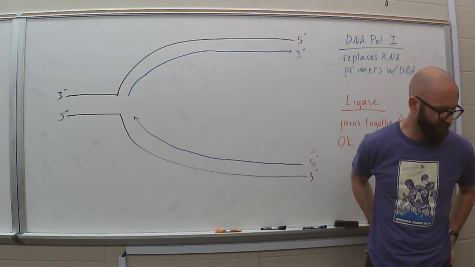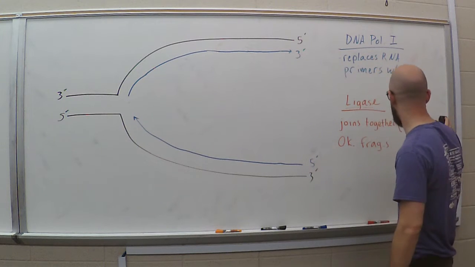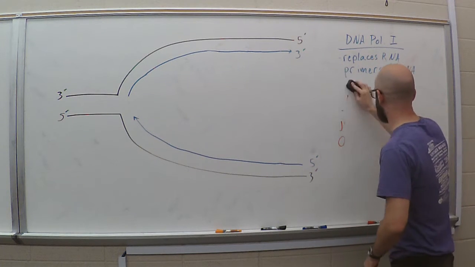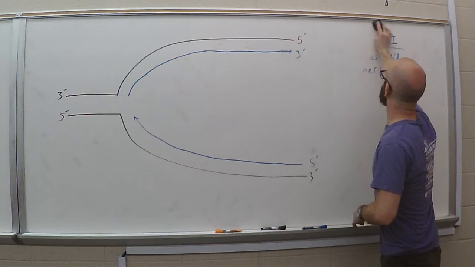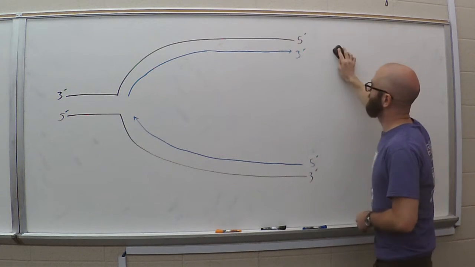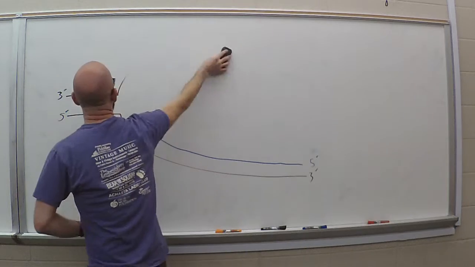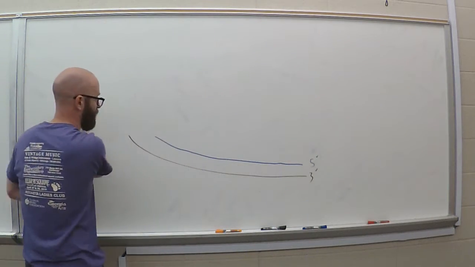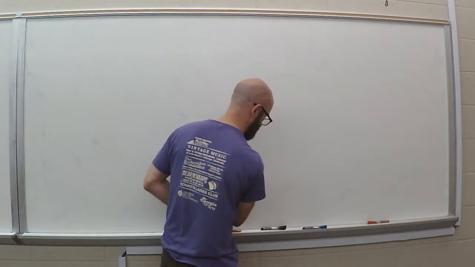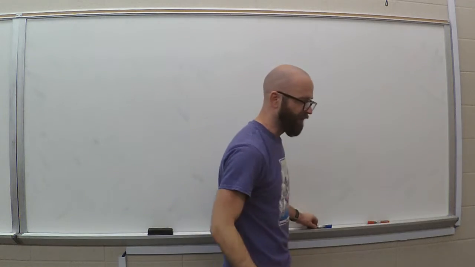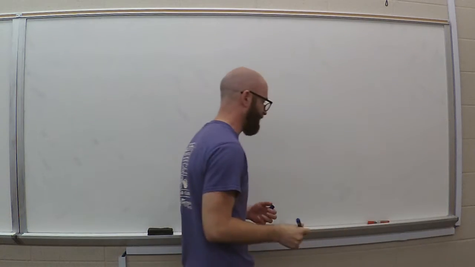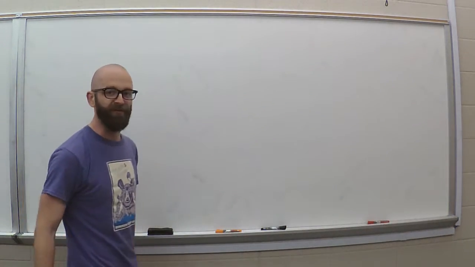And yeah, so back to our circular piece of bacterial DNA. We'll throw that guy back up on the board. Well, we're really only going to look at the origin of replication here.